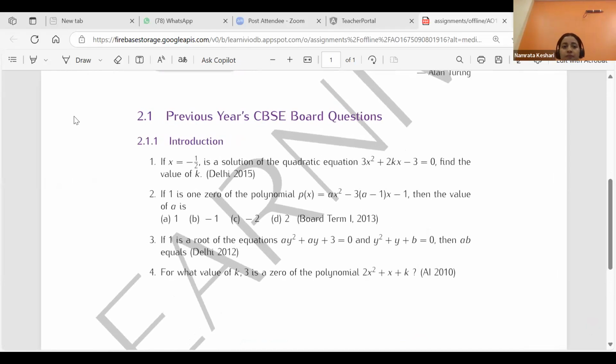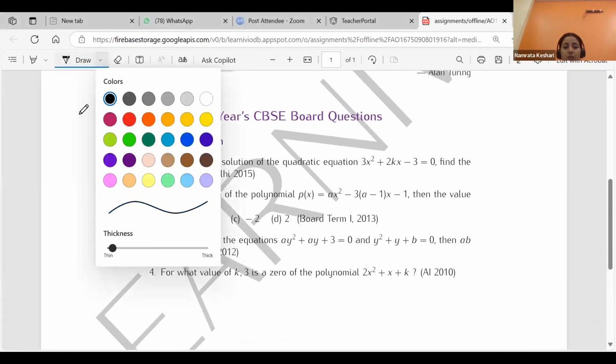First question. If x equals minus 1 by 2 is a solution of the quadratic equation, find the value of k. See, I'm going to replace it with a few terminologies so that it will make sense.